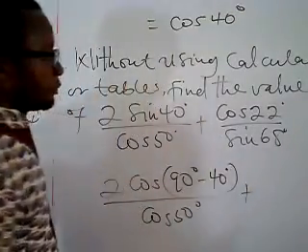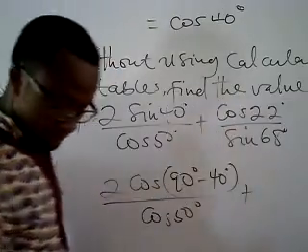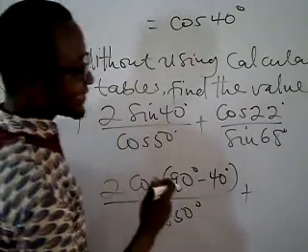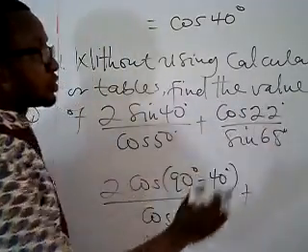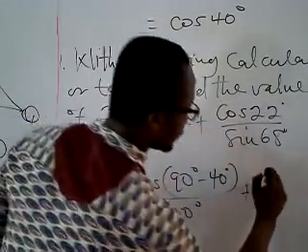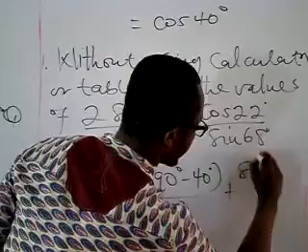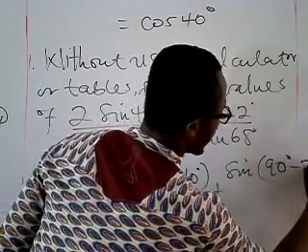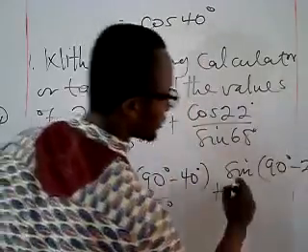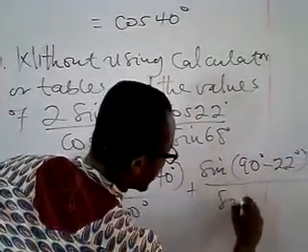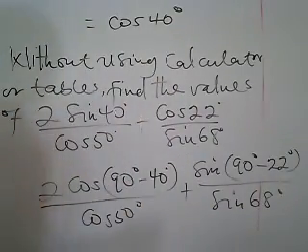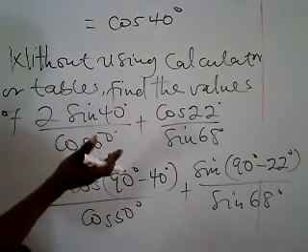Plus, we can also change the cos on the other side, which is cos 22, to sine. So we have sine brackets 90 degrees minus 22 degrees all over sine 68 degrees. Now you can do subtraction.